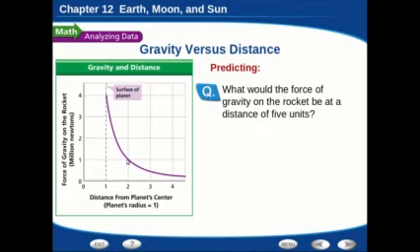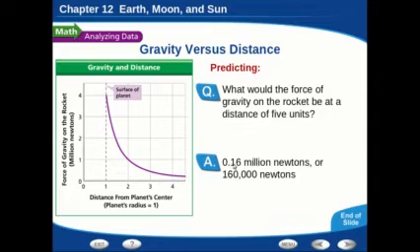So this is 1 million. This is about 500,000, or maybe a little less than 500,000. This is about 1/3 of a million. Where would it be around 5? About 160,000 newtons, or 0.16 million newtons.